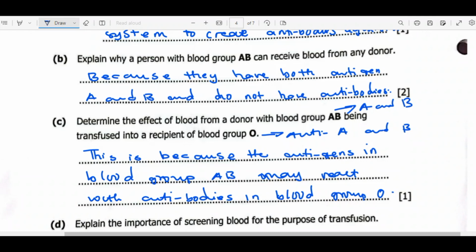So that's the reason why O cannot receive from AB.